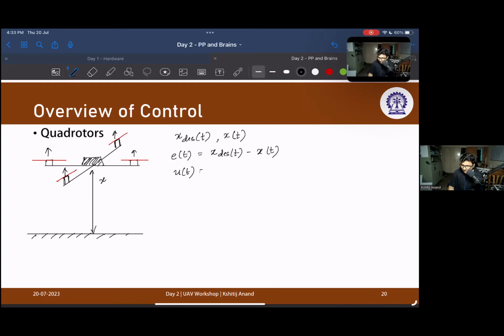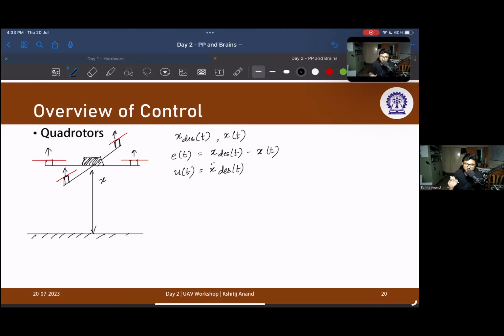Since our input is a force, which is a double derivative of the position vector, it should be such that, since our desired trajectory is changing with time, it is going to have a desired acceleration, right?